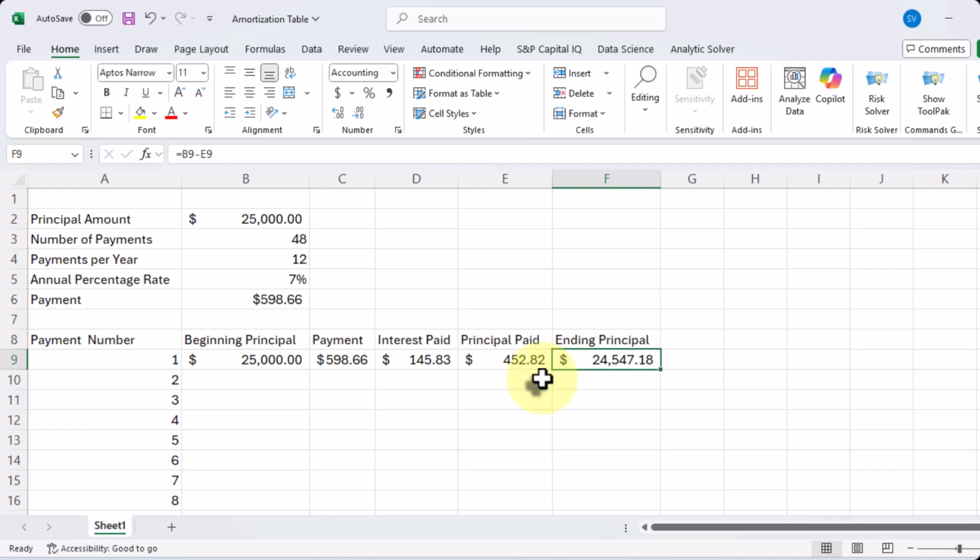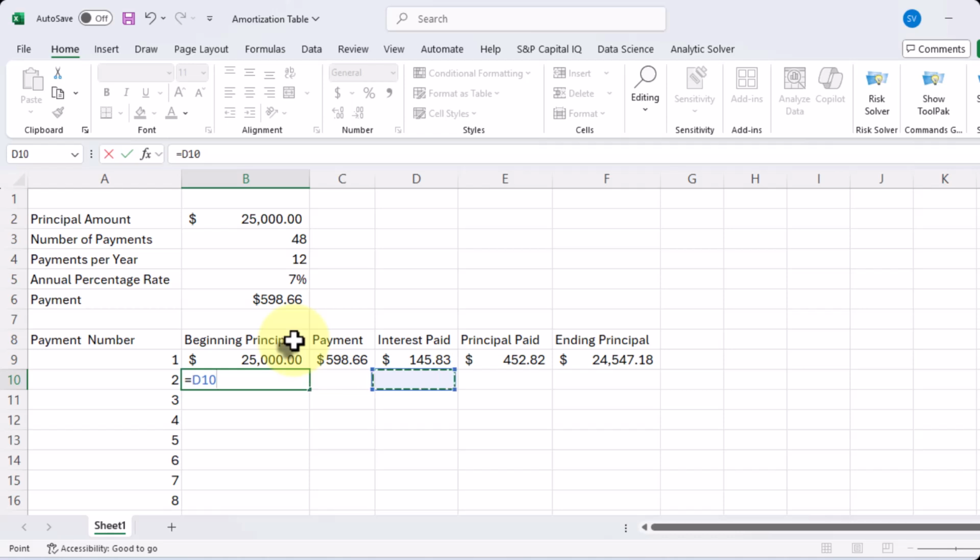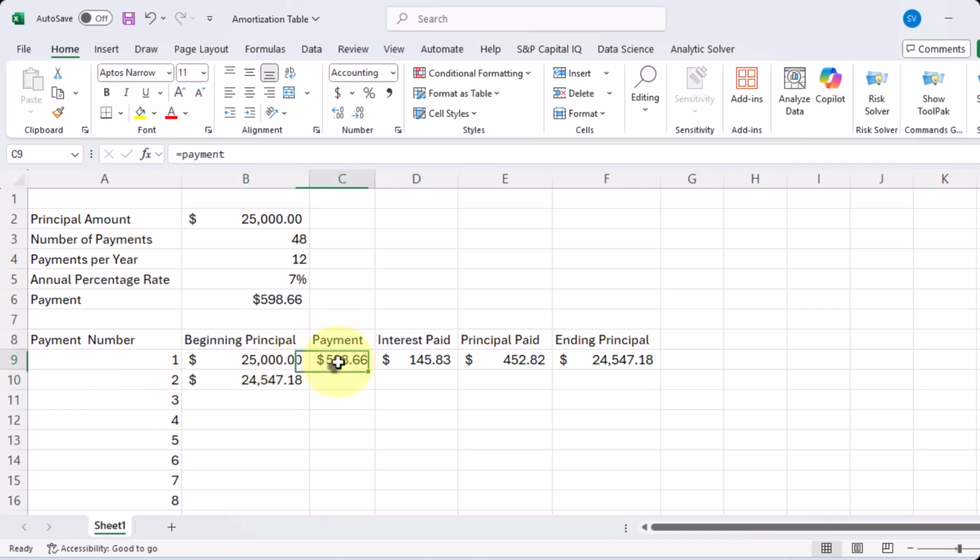Now our second row is going to look a little bit different because we're going to start the beginning principal not with the principal amount of the loan, but the ending principal at the time of the previous payment. So I'm going to set that equal to F9 in this case. And then everything else, actually, you can just pull down.